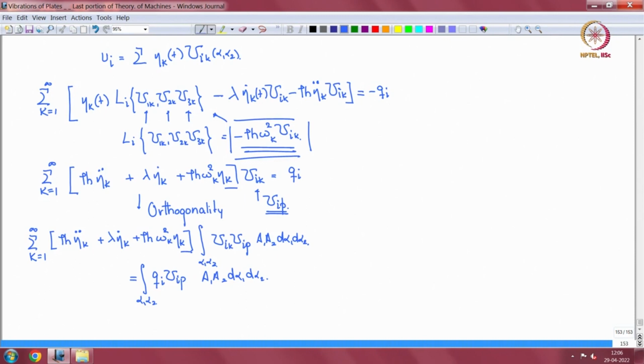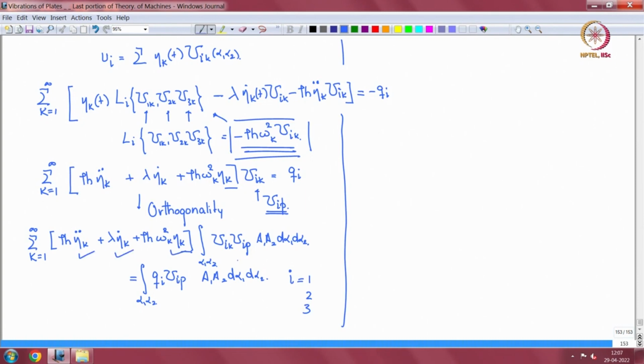Okay. So what happens now? This is for the ith direction. I equal to 1, 2 and 3, all of them have the same participation factor because it is one mode.